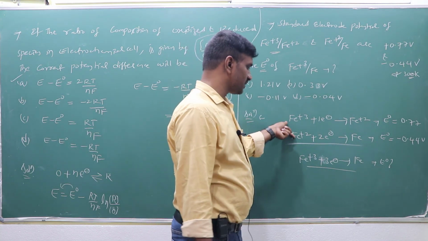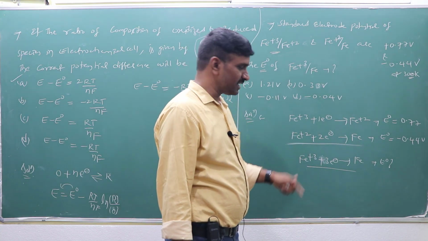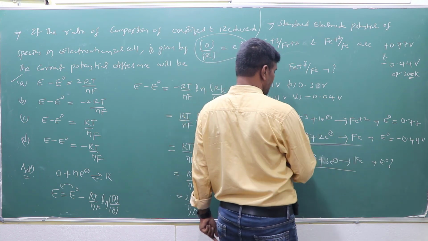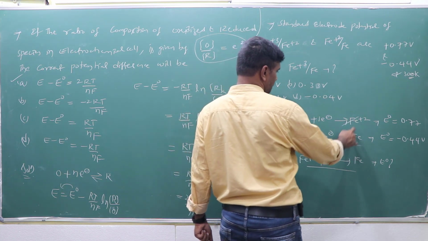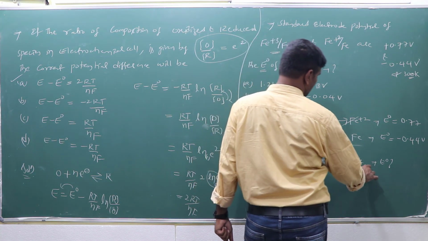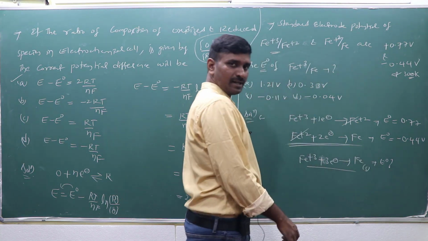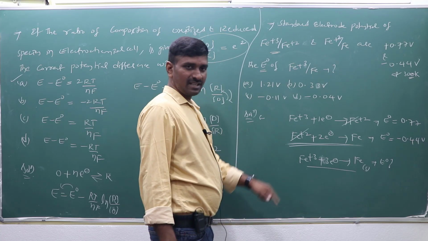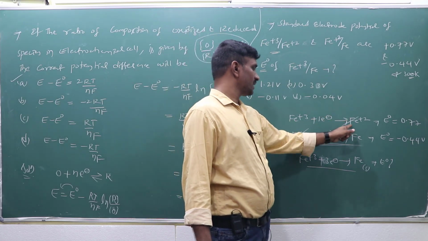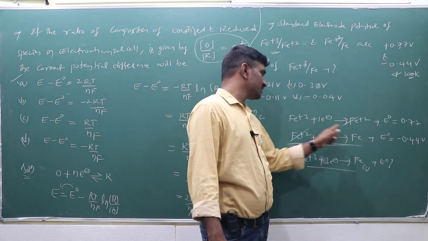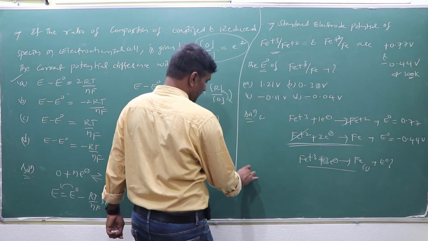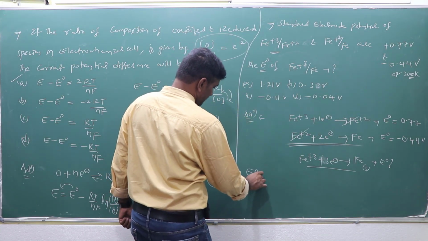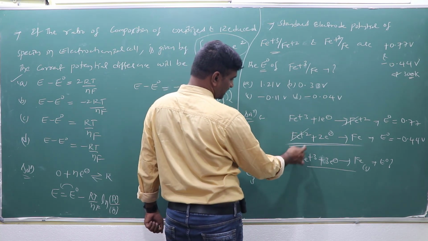So by using these two reactions, you can check whether the third reaction is generated or not. If cancellation takes place, Fe plus 3 plus 3 electrons is going to be Fe. Right? So by using these two, this one is generated. This is an A to B and B to C, then A to C type reaction. So suppose this is E1 naught, E2 naught, E3 naught.